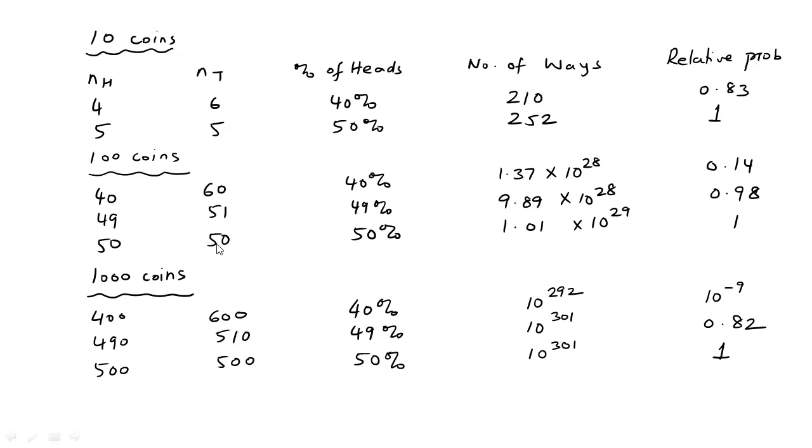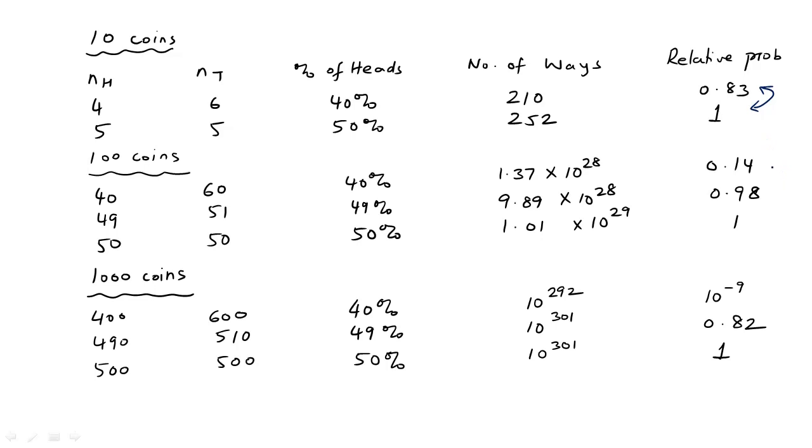Now look very carefully at the numbers on this page and try to understand what these numbers are telling you. We note that the relative probability of the most probable distribution, that is the distribution where 50% of the coins show heads, keeps increasing with respect to the distribution corresponding to 40% heads. In the case of 10 coins, the probability of the most probable distribution is close to the probability of getting 40% heads.